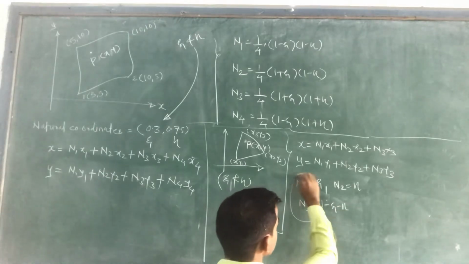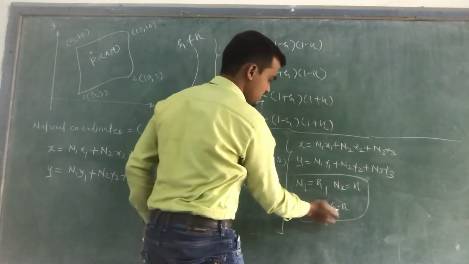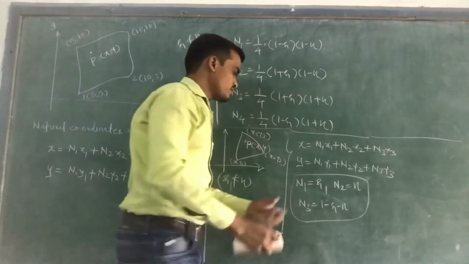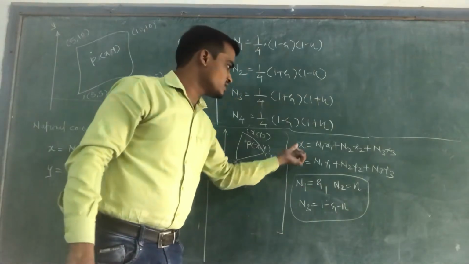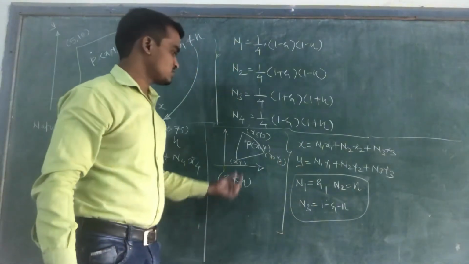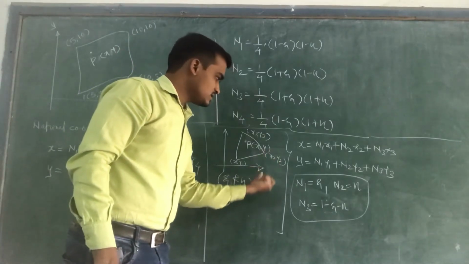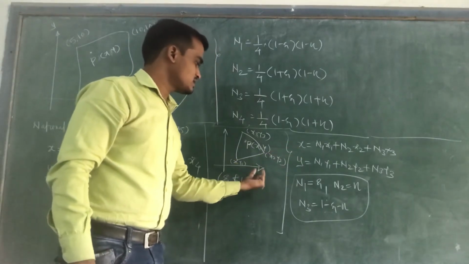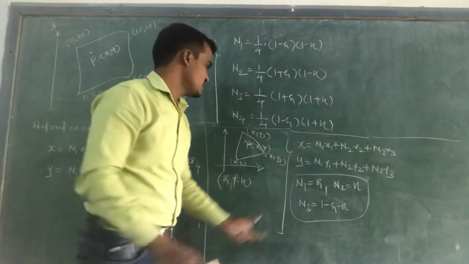So by using this zeta and eta, you can find n1, n2, n3 first. Then by putting n1, n2, n3 in this equation, you will get the x and y coordinates for this triangular element. Okay, this example will be asked for 2 to 4 marks only.